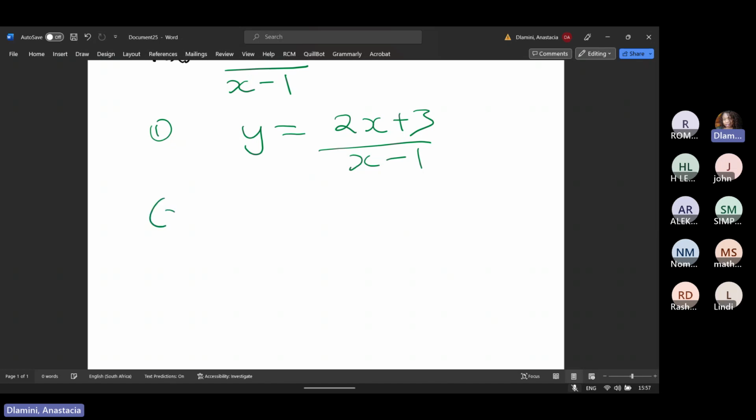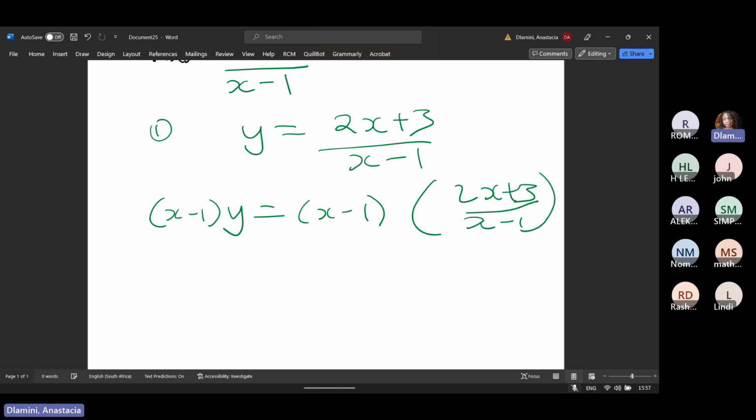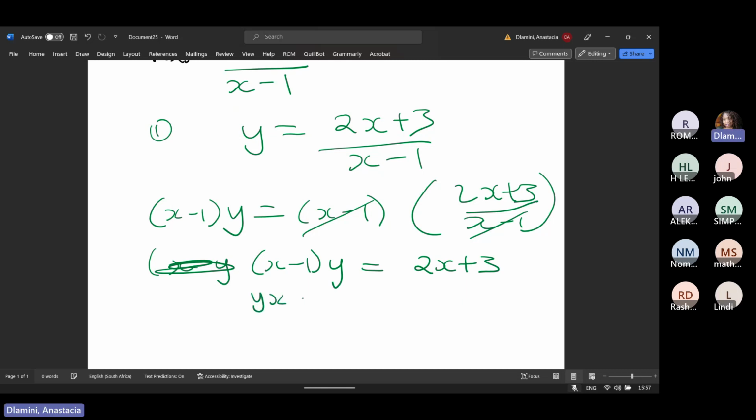What you do on the right, you have to do on the left side as well. So this x minus 1 cancels that one. So we have x minus 1 times y equals 2x plus 3. Then we have yx minus y equals 2x plus 3.